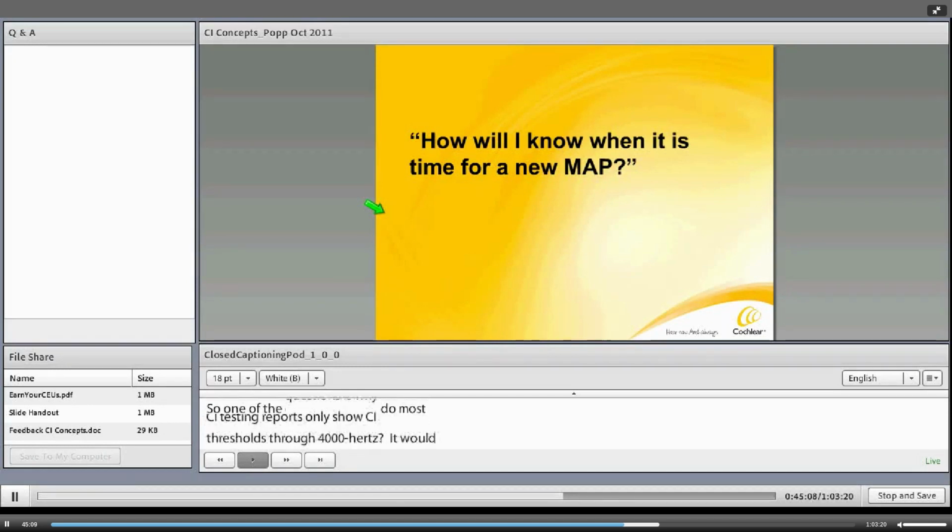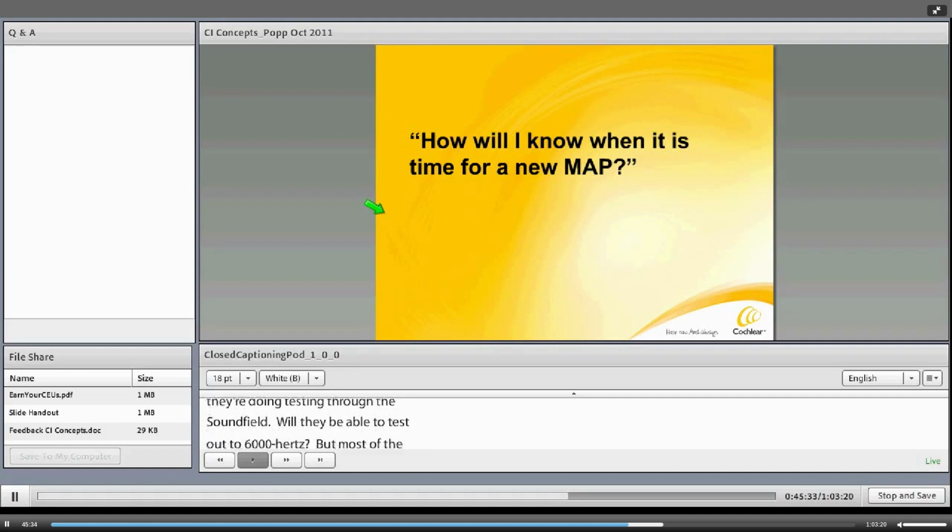So before I get into how will I know when it's time for a MAP session, I just want to address some of the questions that have come through. So one of the questions is, why do most CI testing reports only show CI thresholds through 4,000 hertz? It would be helpful to know what the patient hears at higher frequencies. The reason for that is actually a limitation of sound field threshold testing.